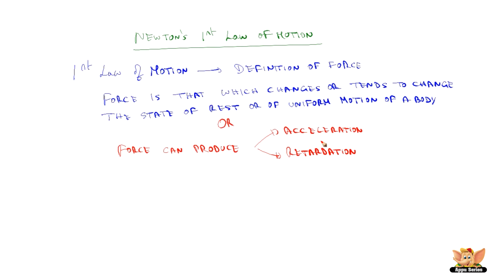When it changes, it creates a change in speed, and then there will be an acceleration or retardation, based on whether the car is increasing or decreasing its motion. Therefore, force is a vector quantity as it depends on acceleration, which is a vector quantity with magnitude and direction.